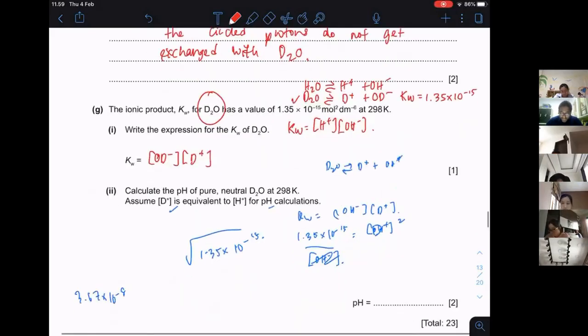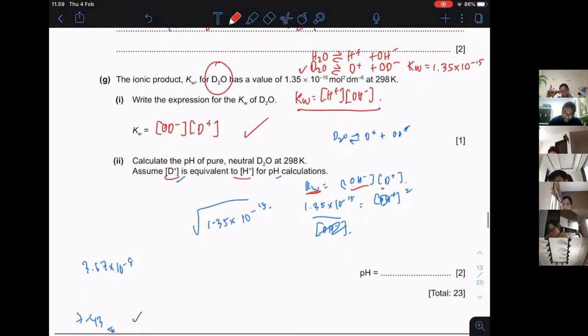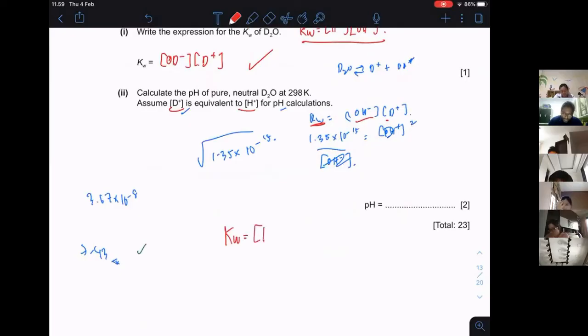Now calculate the pH of the pure D2O. Assume this is going to be equivalent. So basically, if you use the normal formula, we say Kw equals H plus and OH minus, and we know that this H plus and the OH minus are the same.